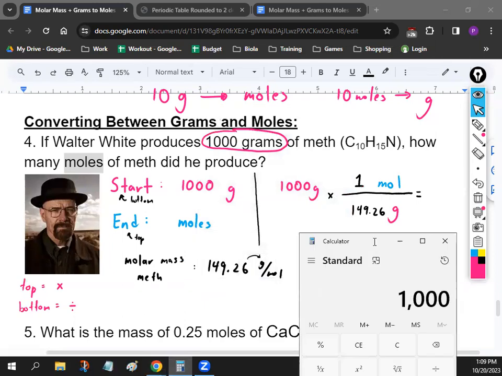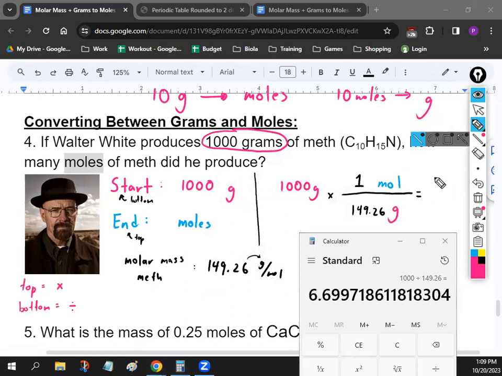There's a 1 on the top, but if we multiply by 1, it's the same number, so we can ignore it. So what you're going to punch in is just 1,000 divided by 149.26. And that's going to be your final answer. So the answer to this question is 1,000 grams of meth is equal to 6.699 moles of meth.